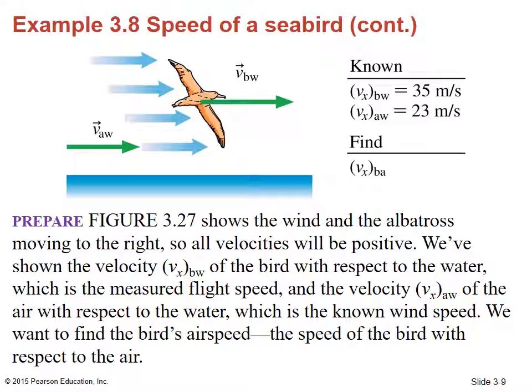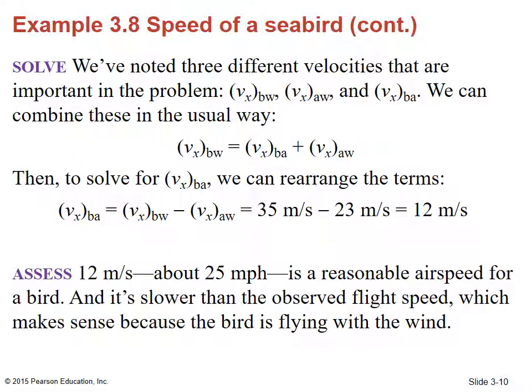We want to find the bird's airspeed, the speed of the bird with respect to the air. We noted 3 different velocities that are important to the problem: v sub x BW, bird with respect to the water, v sub x AW, air with respect to the water, and v sub x BA, bird with respect to the air.